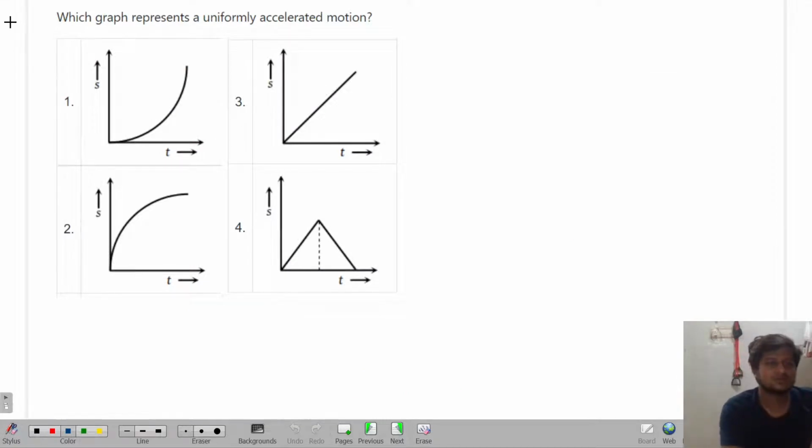Question number 6. Which of these represent a uniformly accelerated motion?